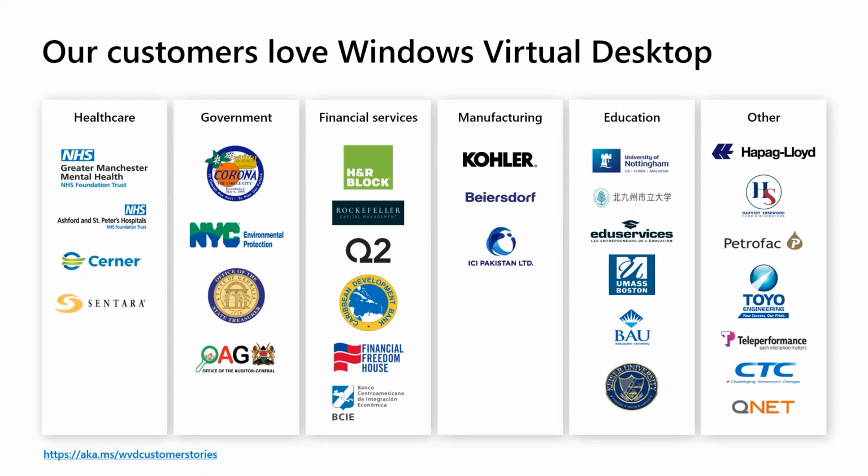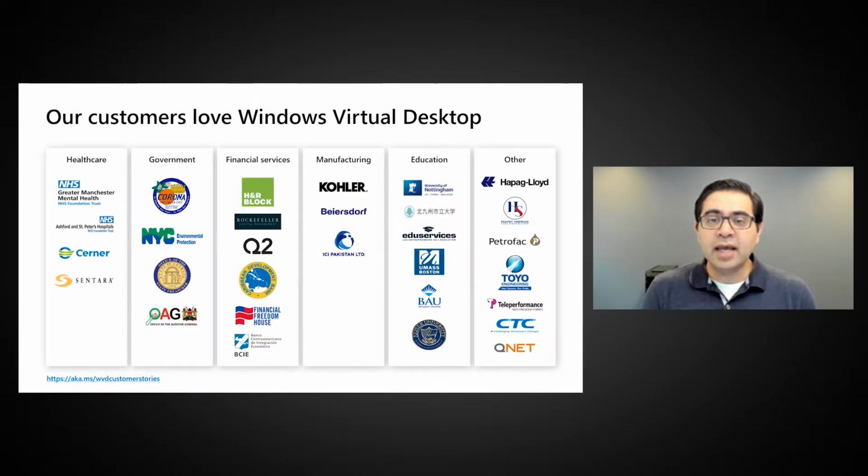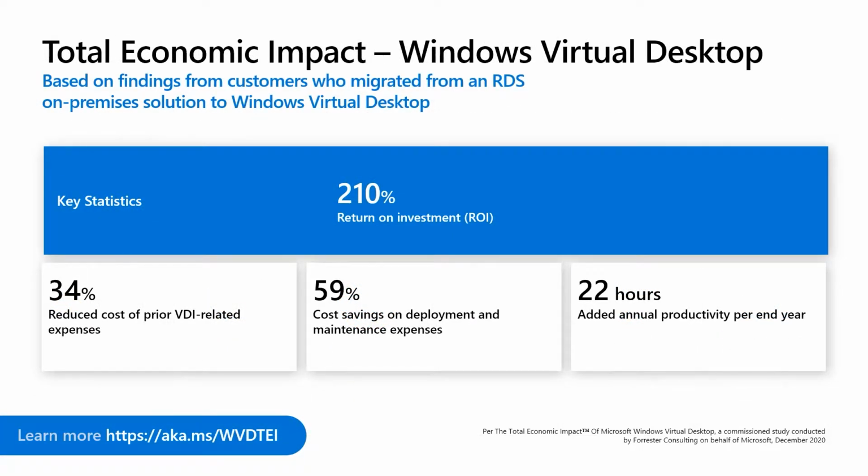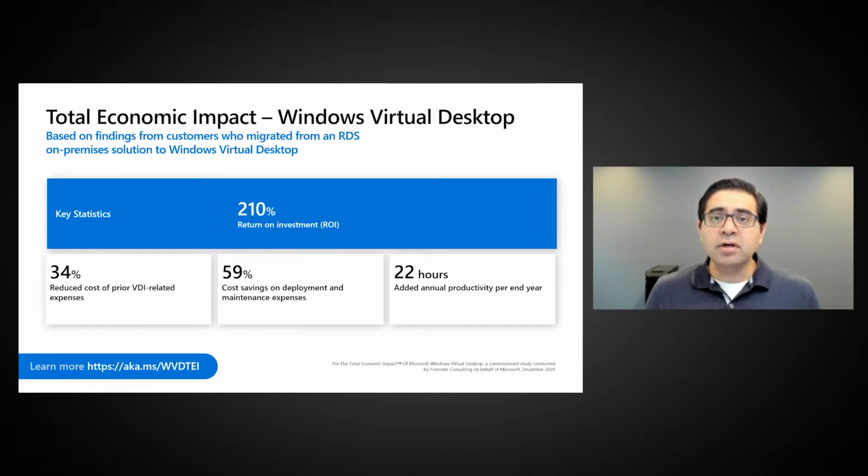If your organization has not started using Windows Virtual Desktop, if you're still using remote desktop services on-prem, you can really get a lot of value out of moving to Windows Virtual Desktop. We did a study with Forrester recently to understand what that value picture looks like. And we discovered that organizations can see a return on investment of 210% when they deploy Windows Virtual Desktop.